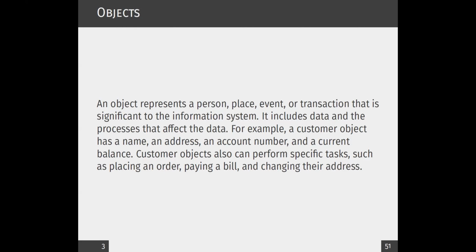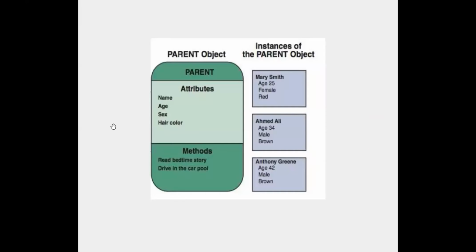And customer objects can also perform specific tasks, things like placing an order, paying a bill, or changing the address. So you can see here, we have a parent object, then a set of attributes, and a set of methods.